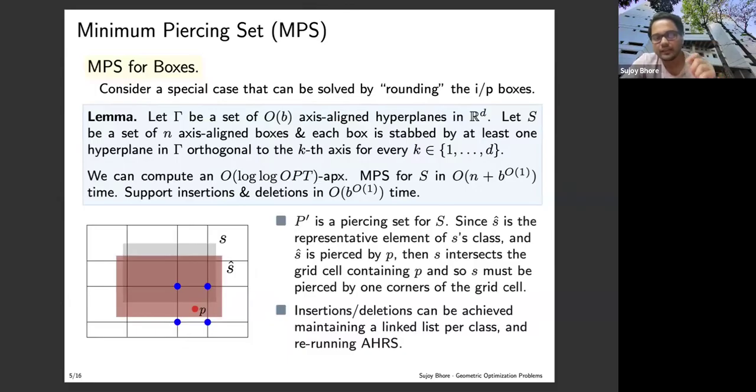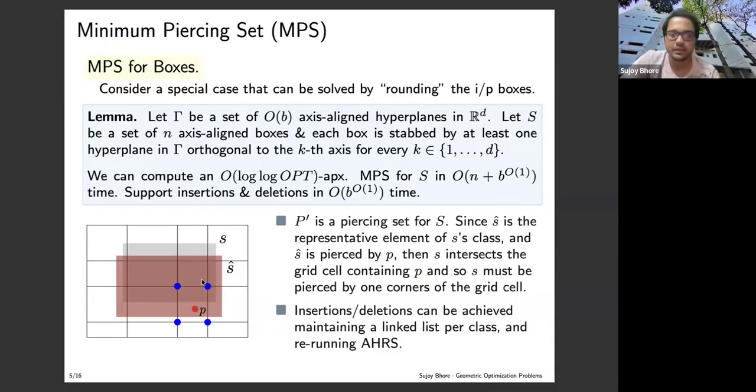So there has to be something piercing this particular box. In this case, let's say there is this red point which is actually piercing this red box. Now, all the other boxes which are not chosen in the representative set were not chosen because they are in the same class as S hat, which means that if I choose these 4 corner points around this point P, this is definitely going to hit all of them, just by the definition of the representative classes.